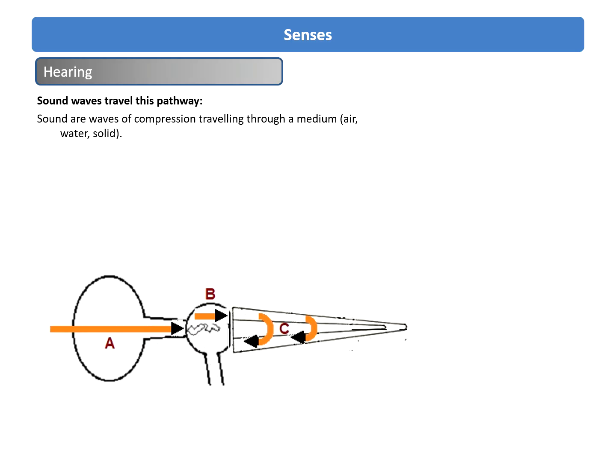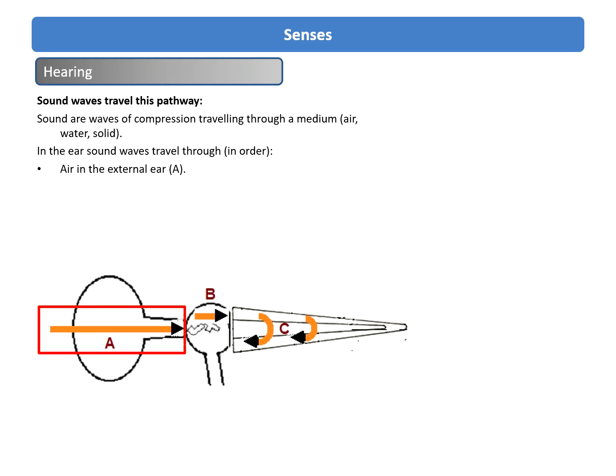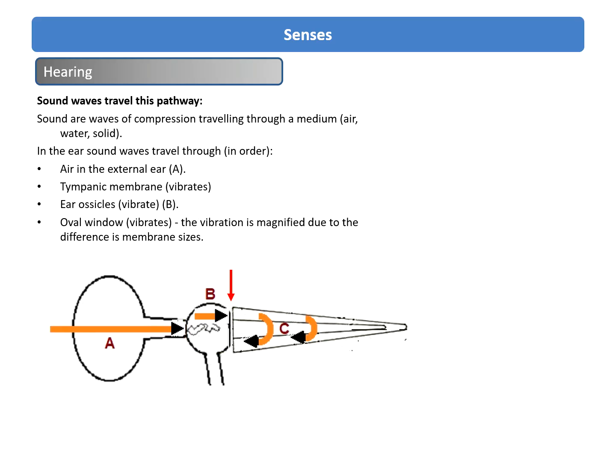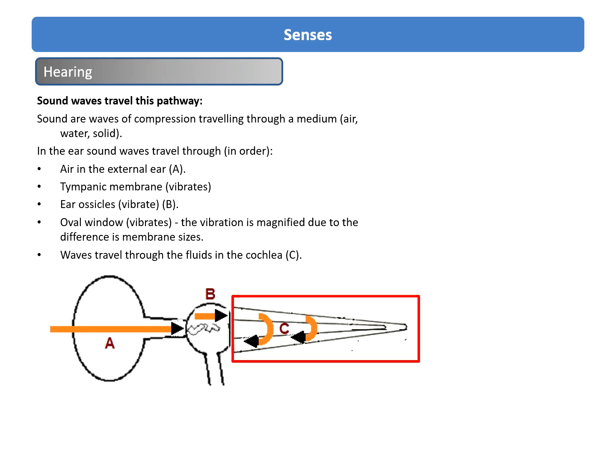It makes no sound. In the ear, sound waves travel in order through air in the external ear, through the tympanic membrane, which vibrates. This causes the ear ossicles to vibrate, and then the oval window vibrates. The vibration is magnified due to the difference in membrane sizes. The waves then travel through the fluids of the cochlea.